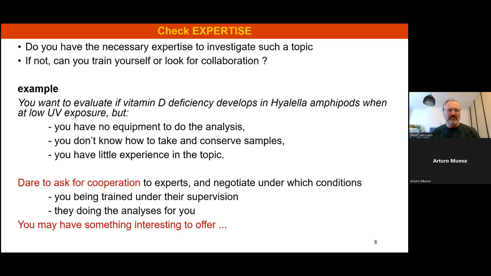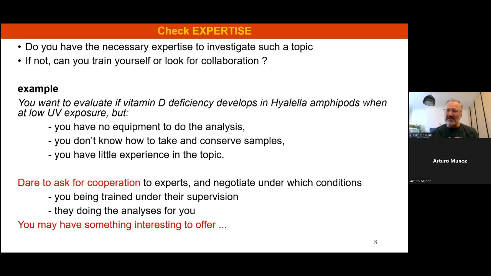The reason why I say dare to ask for collaboration is because sometimes you might think, oh, we shouldn't ask these very big, very known researchers for collaboration, because sometimes you do have something interesting to offer for them. Not everybody has access to a high altitude lake.